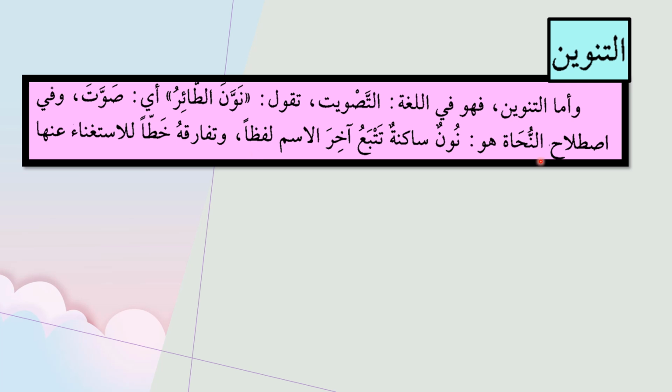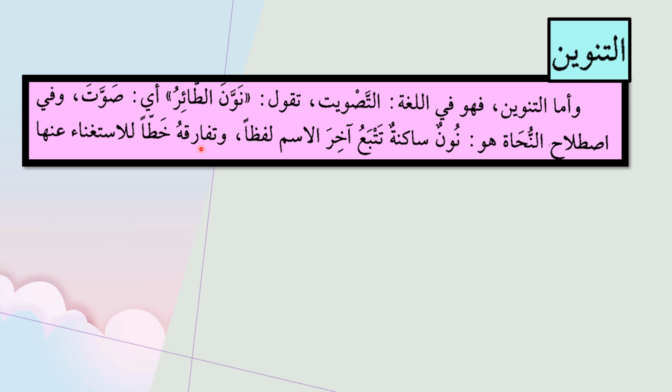In grammatical terms, how it is explained: it is a noon sakina. The tajweed student might know that nouns having kasratan have a noon sakina hidden in them. It follows the last letter of a noun in pronunciation, and it is separated in writing because it is not needed. 'Tufariq khattan' means it is not written in writing.